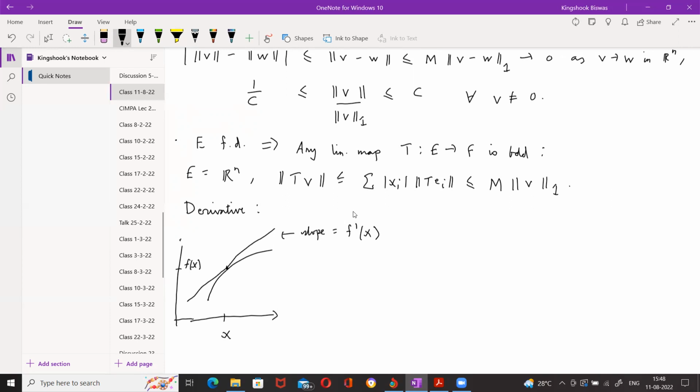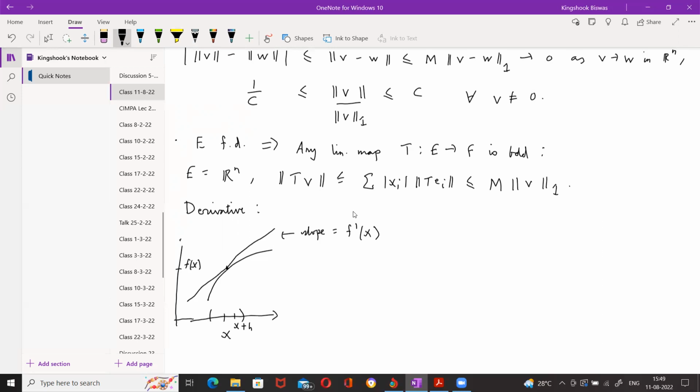But we can also think about this tangent line itself. If I take a variable h, which is near 0, and I look at points x plus h, then what this tangent line does is it's the straight line which best approximates the graph of f near x.